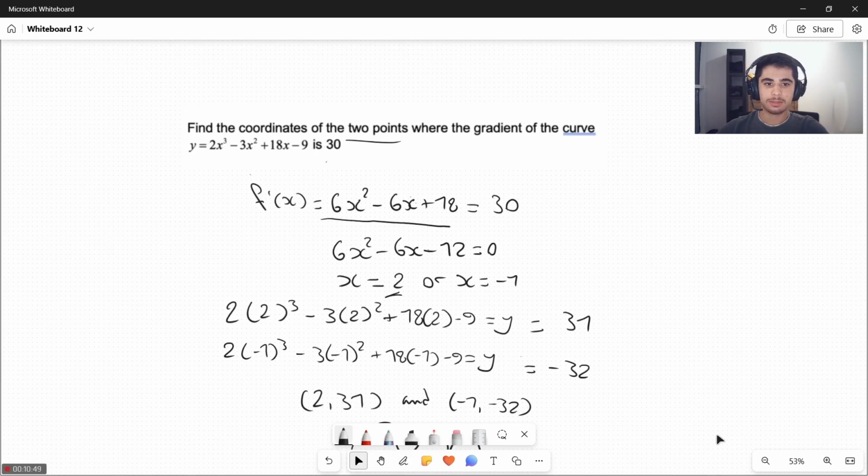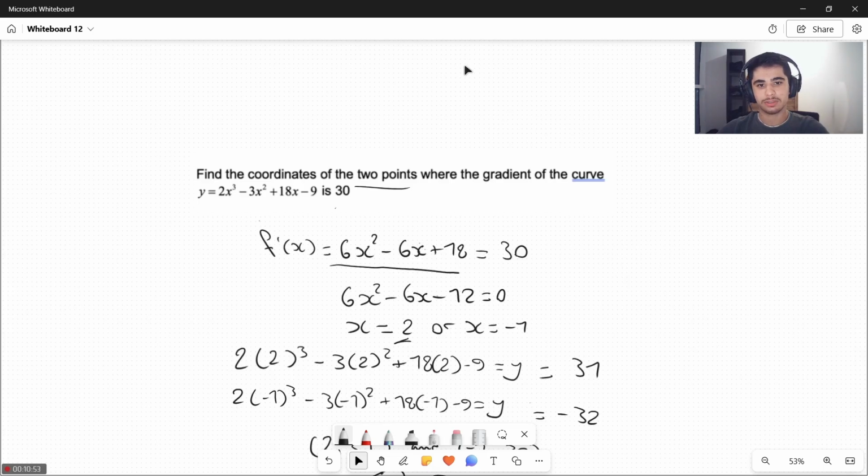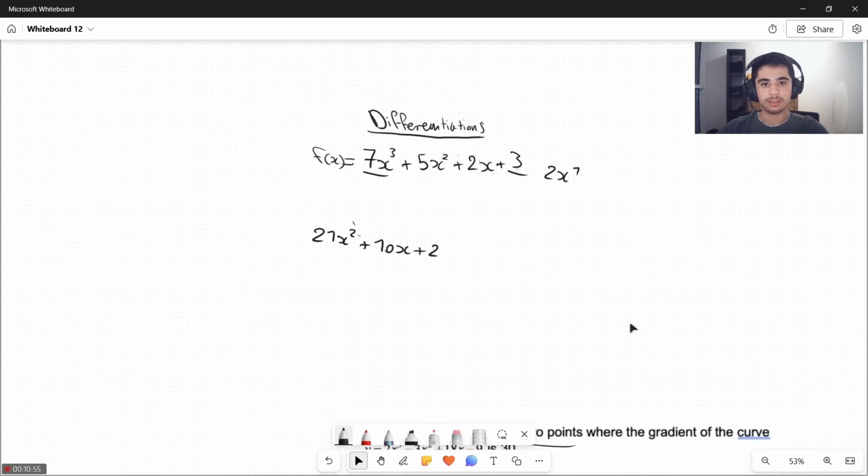So summary, basically, when it asks you to find the derivative, it's asking you for the slope or the gradient at a single point, and you just multiply the number by the power and then minus the power by 1, and that's done.